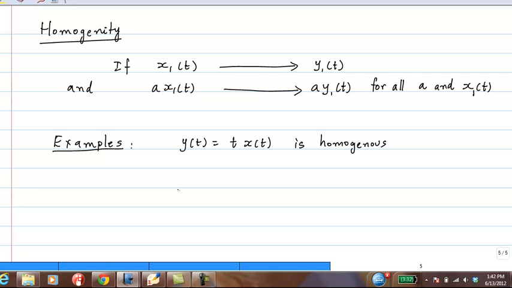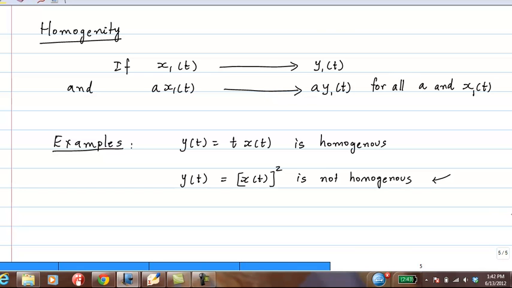Whereas the second system, y of t is x of t squared, is not homogeneous. Now, you should be a little bit careful here, because in the second system, if I scale the input, the output also gets scaled, but it gets scaled by a squared instead of getting scaled by a. So the scaling factor has to be exactly the same for the output. So this is not homogeneous.